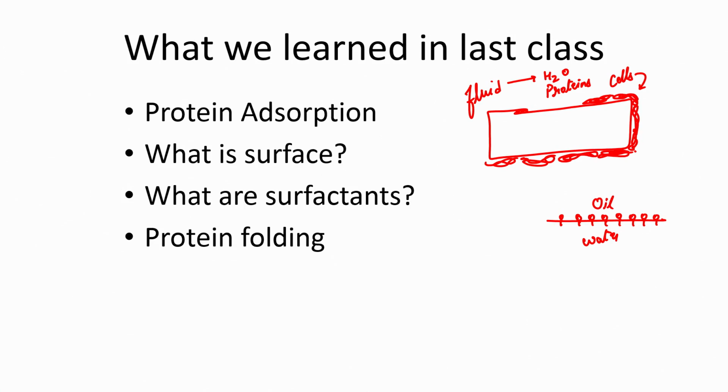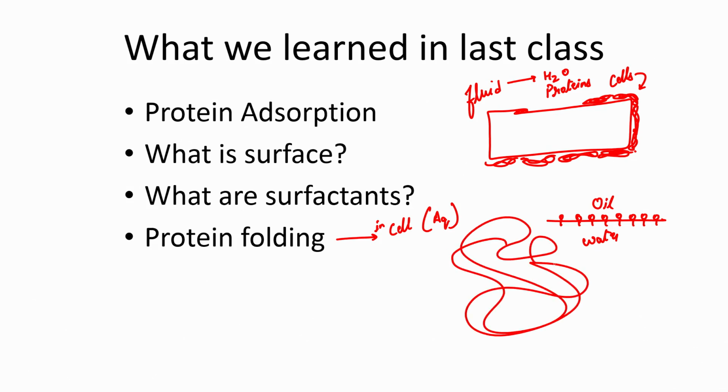Then we talked about protein folding, which is again a very related thing. In natural processes, let us say in cells, which are essentially nothing but an aqueous media, protein folding will be in such a way that, if this is my folded protein, all these external domains will be hydrophilic, and the reason for that is because these external domains have to interact with the water that is present in the surrounding.